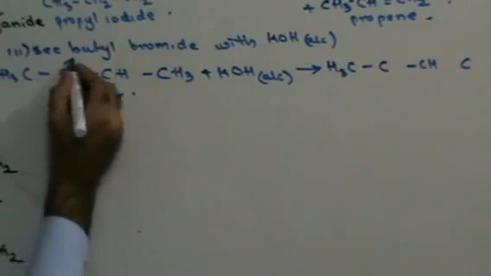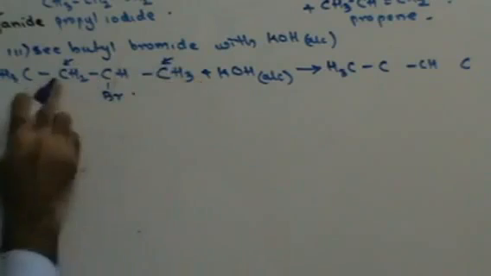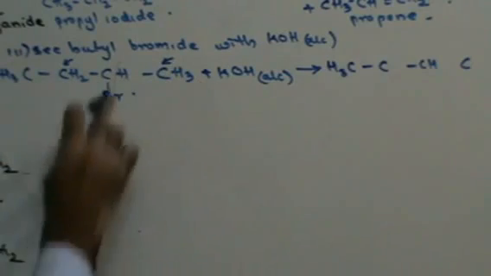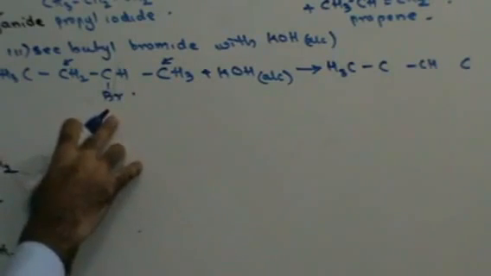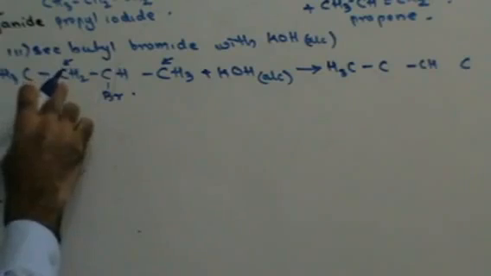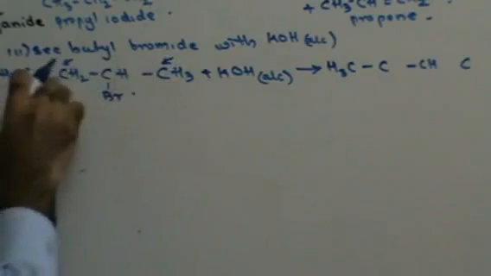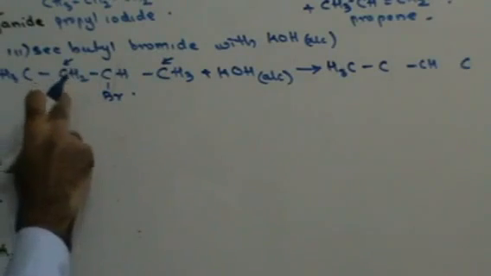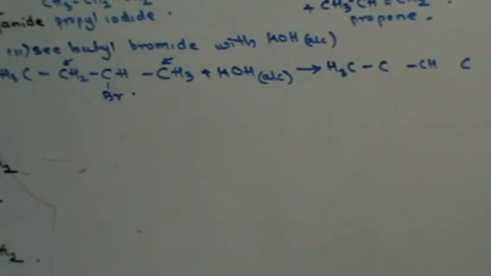That means the hydrogen atom either has to be removed from this carbon atom or this carbon atom, from the carbon atom adjacent to that carbon atom from where bromine has been removed. So either it has to be this or it has to be this. This has got 2 hydrogens, this has got 3 hydrogens. So you will remove it from that carbon atom containing 2 hydrogens.